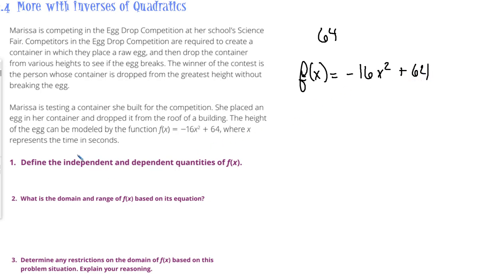So my independent variable is my input, remember. My output is my dependent. And so what we're plugging in is the time, and the output is the height.